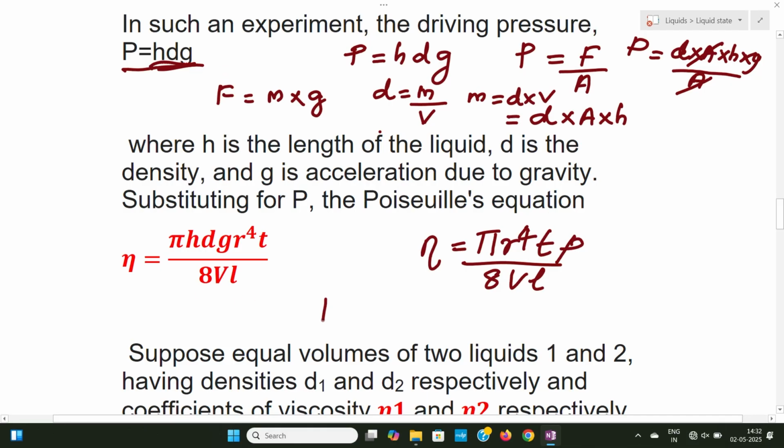Therefore, Poiseuille's equation becomes pi r power 4 t hdg divided by 8VL. This is the equation to find the coefficient of viscosity by Poiseuille's method.